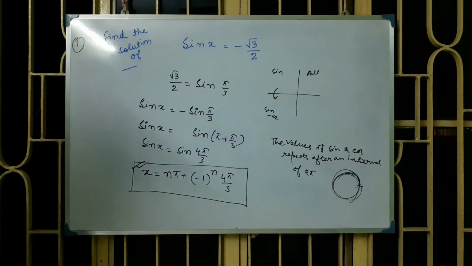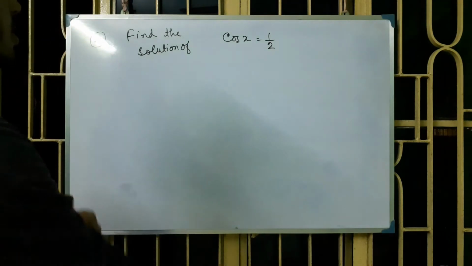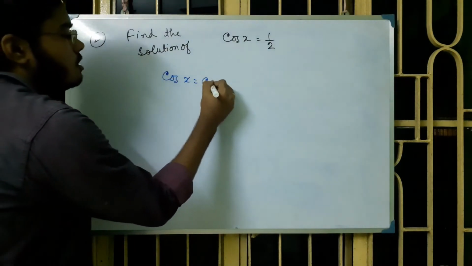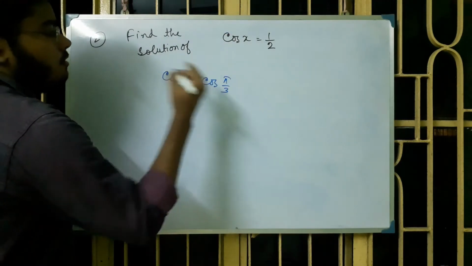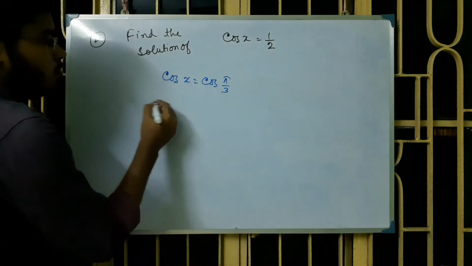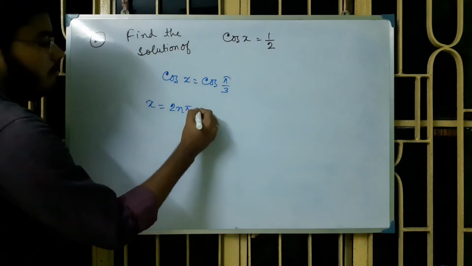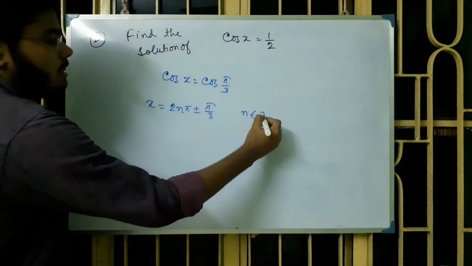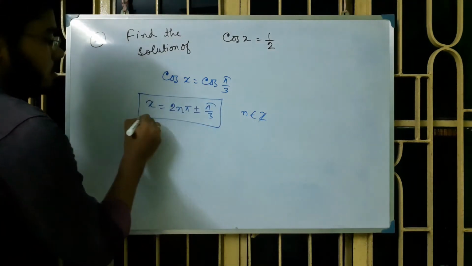That is cos x equal to half. We have to find the value of x for cos x equal to half. What is cos of half? That is cos pi upon 3. So cos x equal to cos pi by 3. So x equal to 2n pi plus minus y, that is 2n pi plus minus pi by 3, and just write that n belongs to Z. This is the solution.